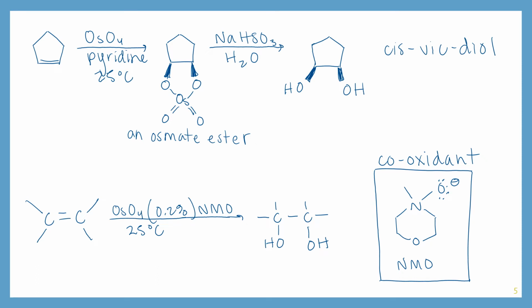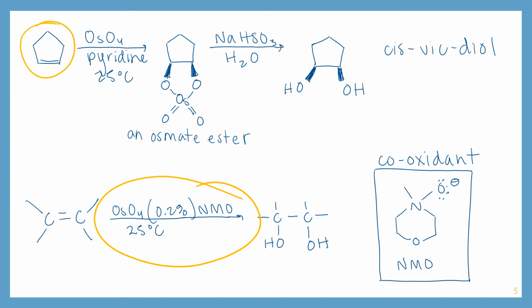This reaction can also be done using a catalyst, because osmium tetroxide is kind of expensive and also highly toxic. It's a heavy metal, and preventing the creation of heavy metal-containing waste is pretty important. Let's talk about the reaction first.